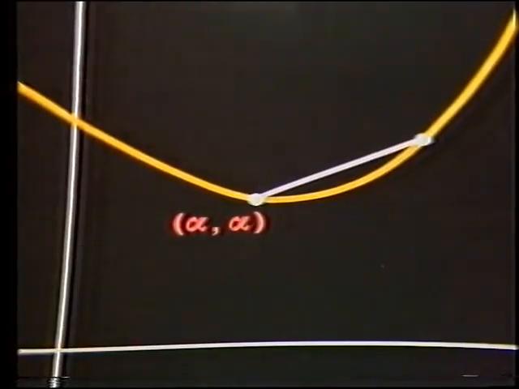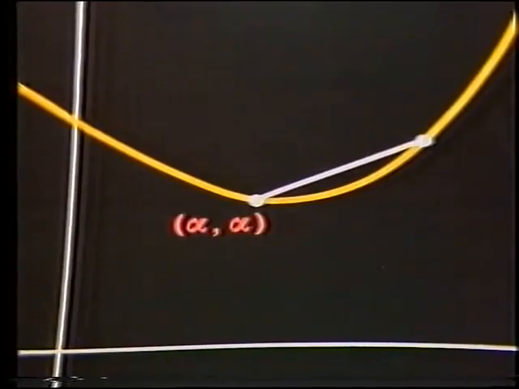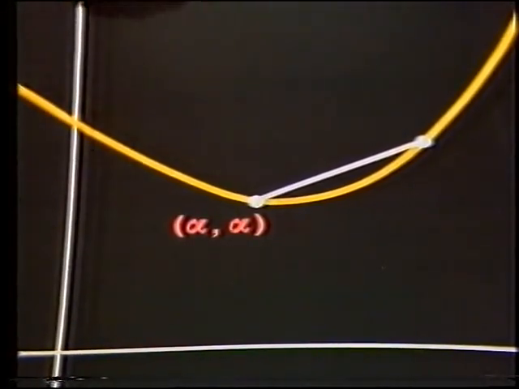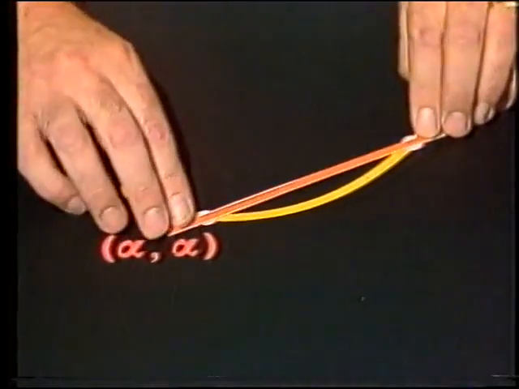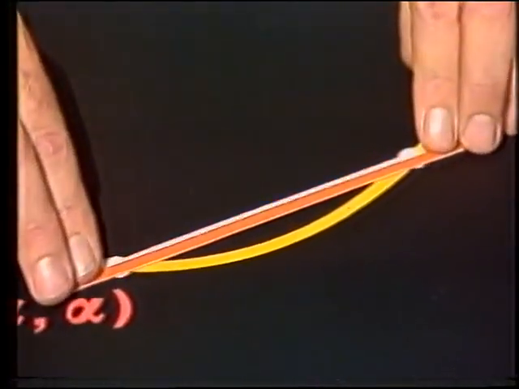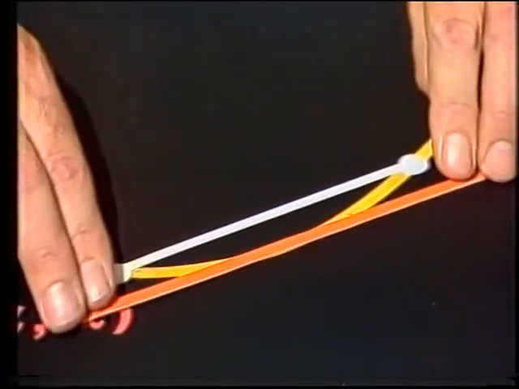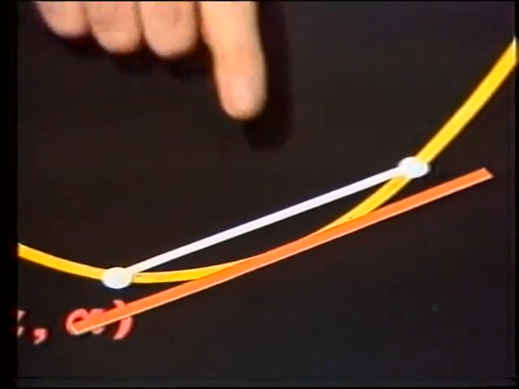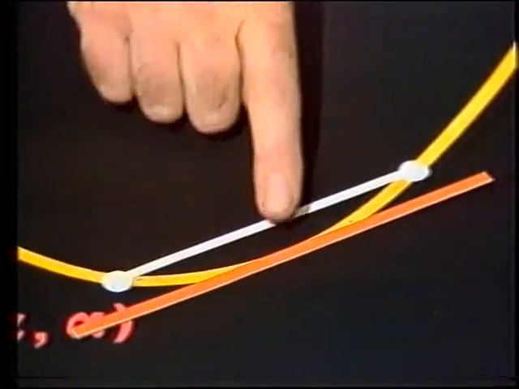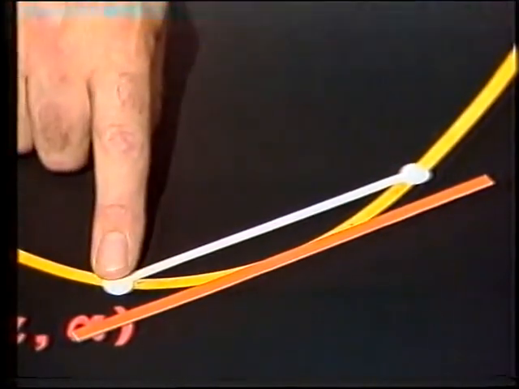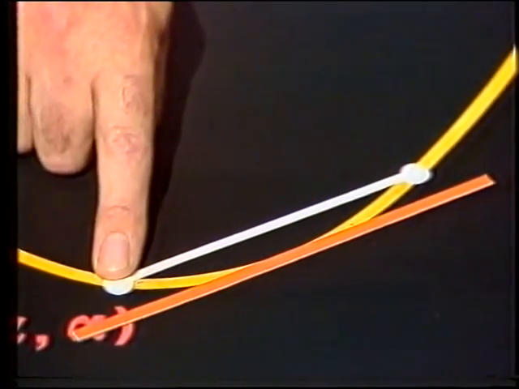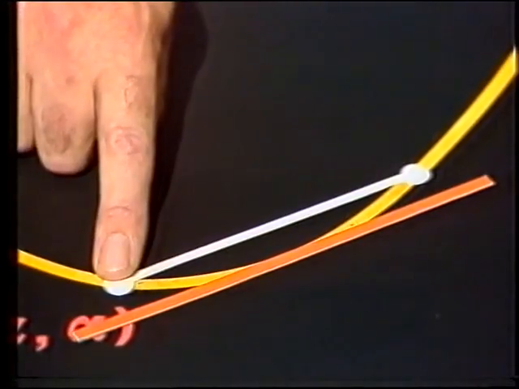Now, working with chords is nigh on impossible, especially when you don't know either of its endpoints. But it's not the chord itself which is important, only its slope. And there are lots of lines which have that same slope. In particular, there's this tangent. And the tangent touches the curve at a point between the endpoints of the chord. Now, tangent slopes are something that we know how to calculate.